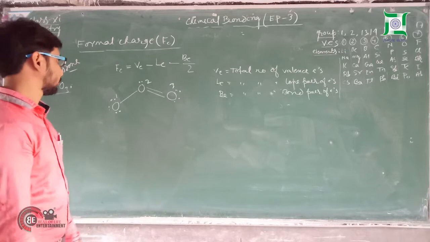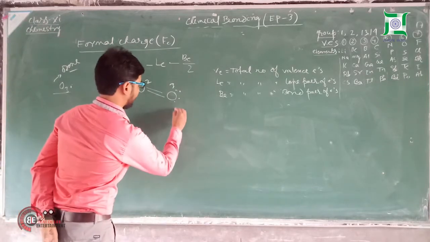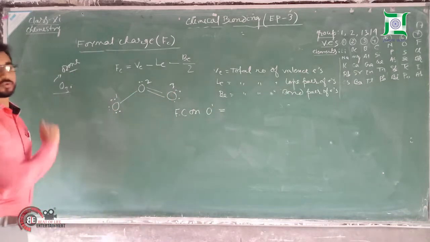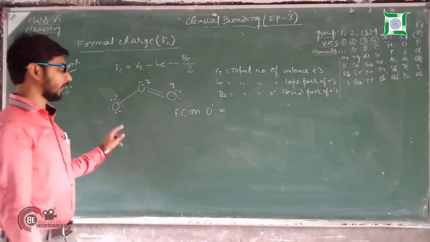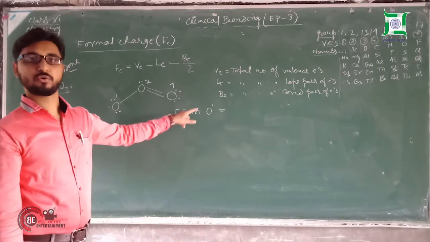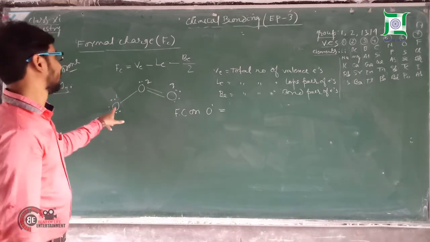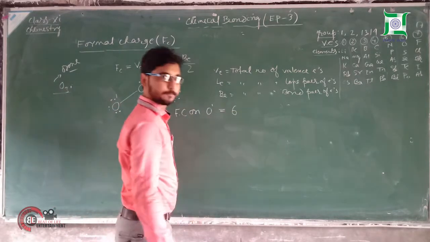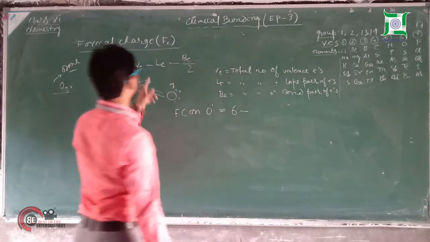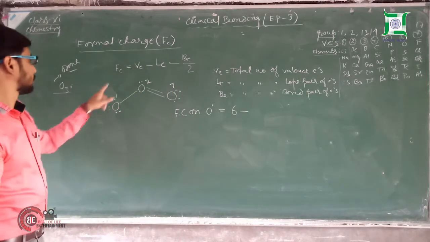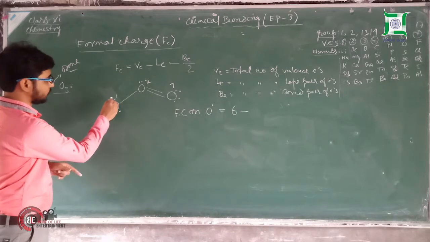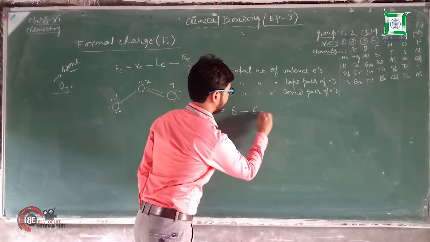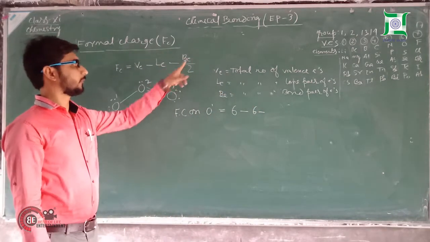So let us take first the formal charge on oxygen 1. To calculate this, the formula is valence electrons. The total number of valence electrons in oxygen is 6, minus the number of lone pair electrons. In that oxygen there are 6 lone pair electrons, so 6 minus the bond pair electrons divided by 2.